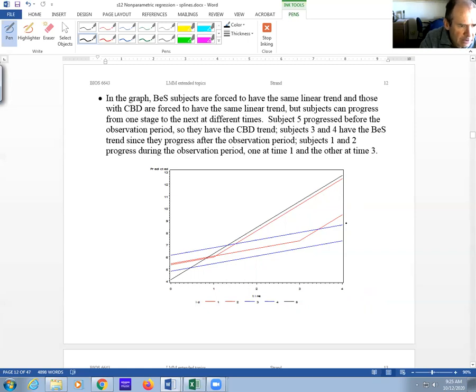So we have 2 subjects here of the same type, and then the 2 in red are the same, and then the 1 in black. So what are the 2 blue lines, what do they relate to? What types of subjects are those?